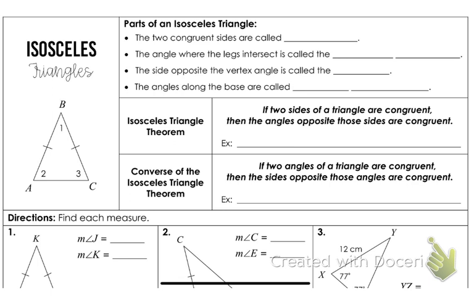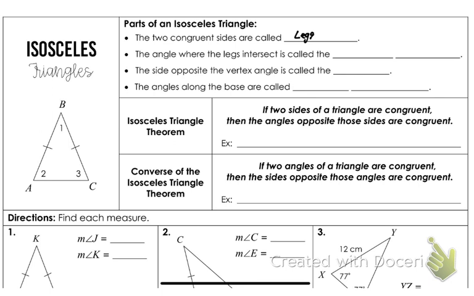We call them the legs of the triangle. So the two congruent sides are called legs. The angle where the legs intersect is called the vertex angle. It is the vertex angle.